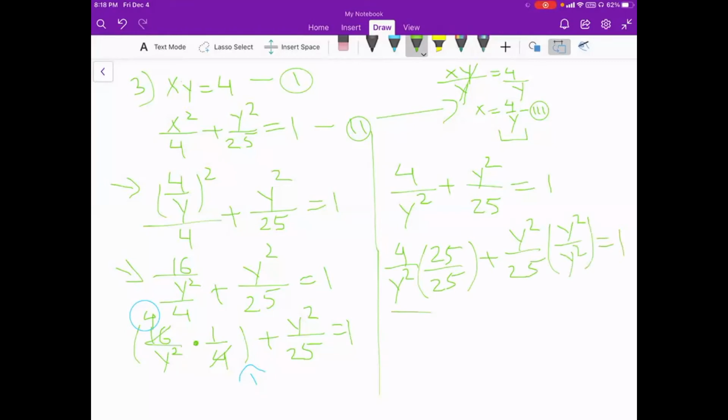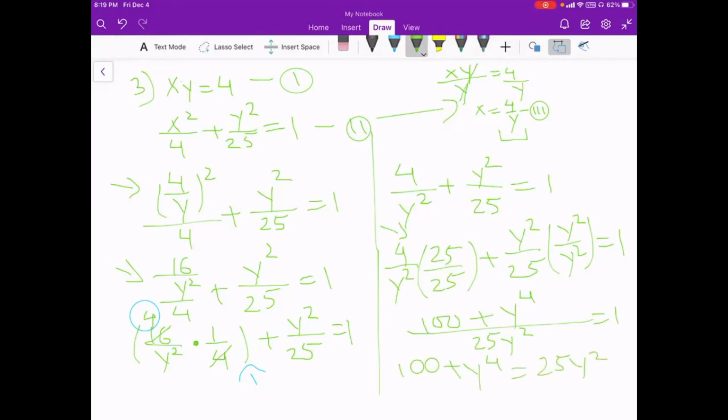Okay? So now you have 25y squared as the denominator. And then for this one, if you multiply across, you should get 100 plus y to the 4th is equal to 1. Right, and now if you multiply across, you should get 100 plus y to the 4th is equal to 25y squared.